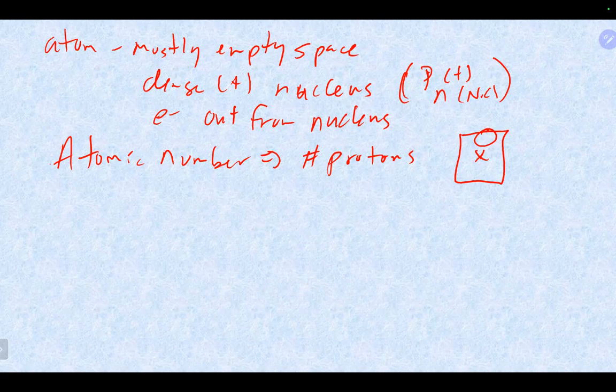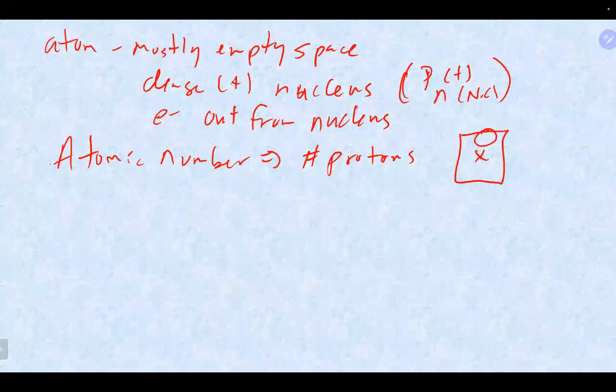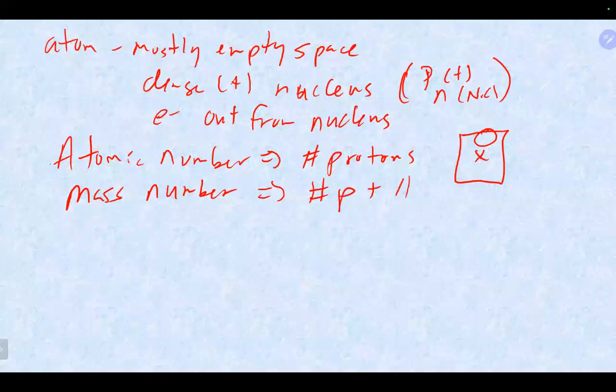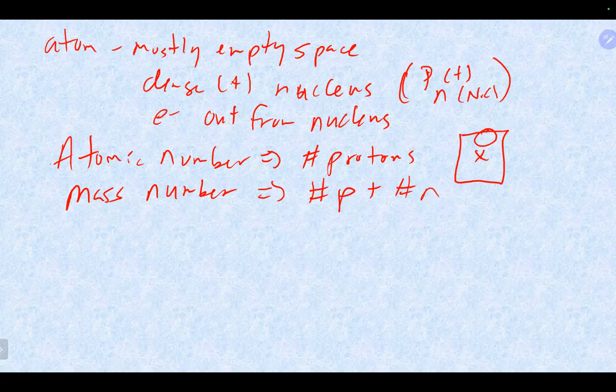The other important number that we talked about is the mass number. The mass number is the number of protons plus the number of neutrons. So the mass number will tell you how many protons and neutrons there are in an atom of an element.